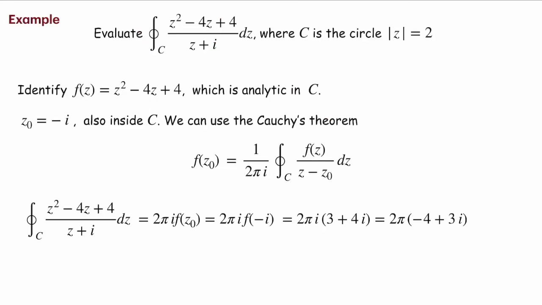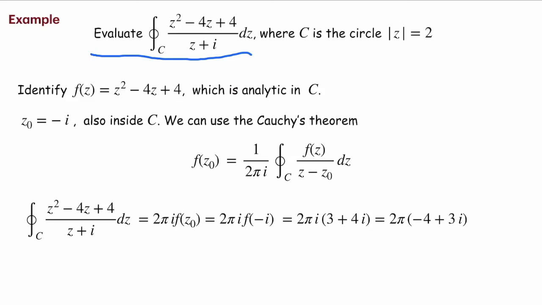Let's try a simple example to see how this is useful. We have to evaluate an integral over a closed contour of z square minus 4z plus 4 divided by z plus I dz, over a closed circular contour mod z is equal to 2. So this is a circle with the radius 2.